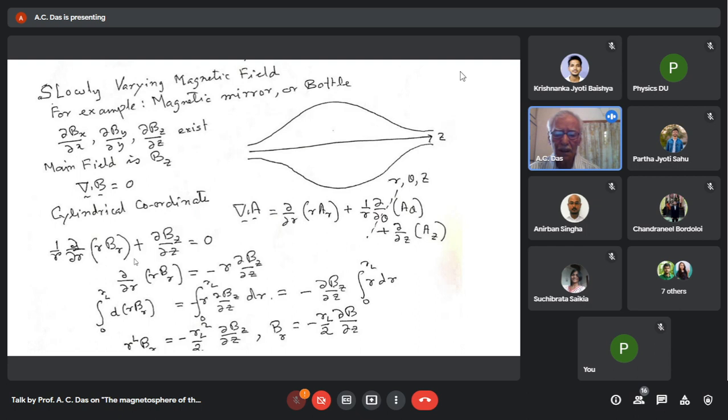One thing I'd like to mention again is that we have taken dBz by dz out of the integral because it does not change in the region of the normal radius. In that normal radius, dBz by dz does not change, and therefore it can come out of the integral.